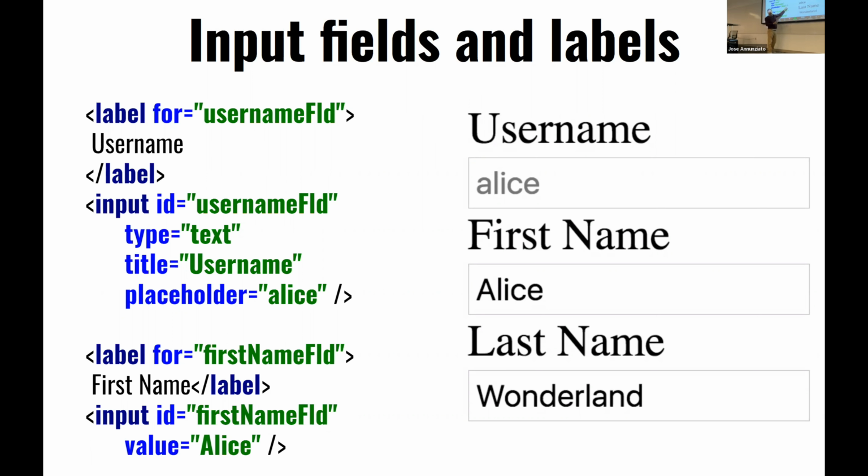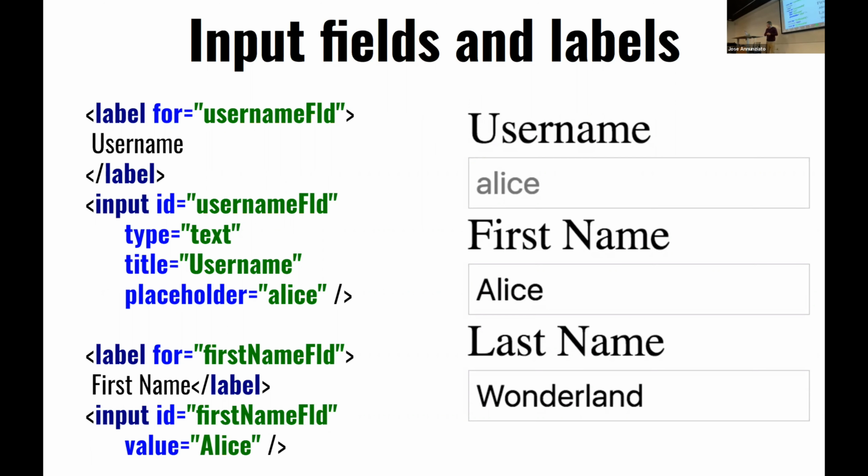See that placeholder Alice? It says Alice grayed out, kind of giving us a hint, or an example, of what it is that we're asking for. It's always a good idea to give the user a hint of what you're asking them to type in there, to give them an example.